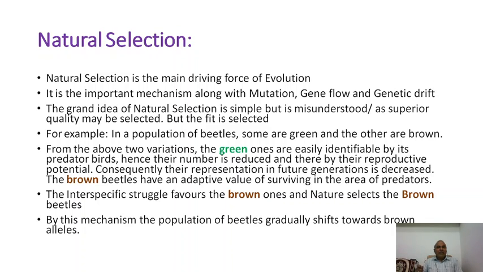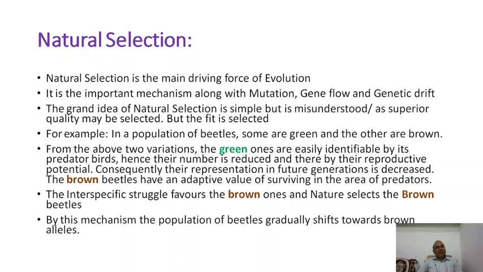Here, the fit value is the most important concept. Fit in the sense of intraspecific struggle, interspecific struggle, and fit in the sense of reproductive success. Reproductive success, this is very important. So the interspecific struggle favors the brown beetles and nature selects only the brown beetles.